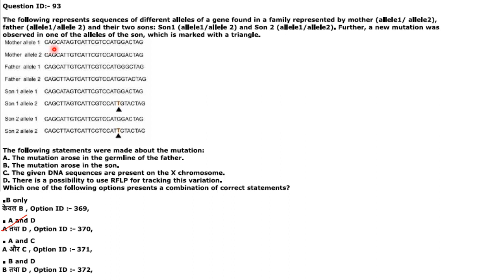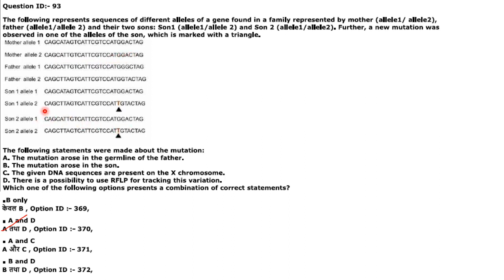That is this allele, CAG, CAT, AGT, CATT, CGT. This allele represents mother allele 1. Similarly, here also if you compare son 1 allele 1, son 2 allele 1 with father and mother alleles, you will see that it represents mother allele 2. That is, this allele is the same as this allele.